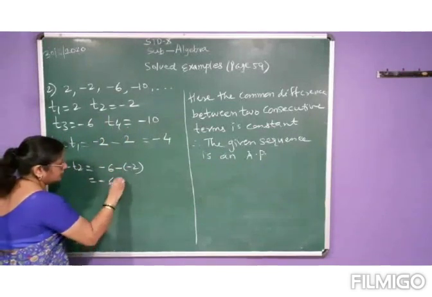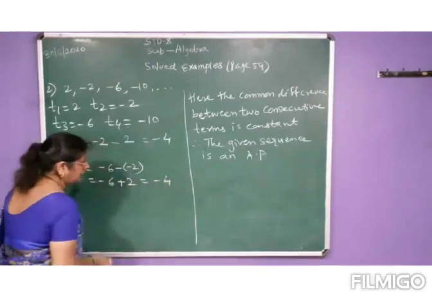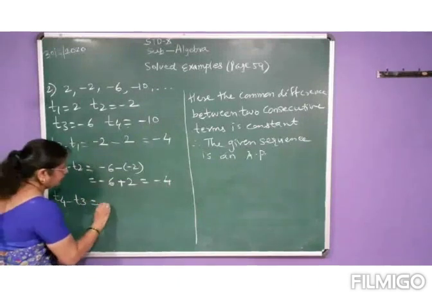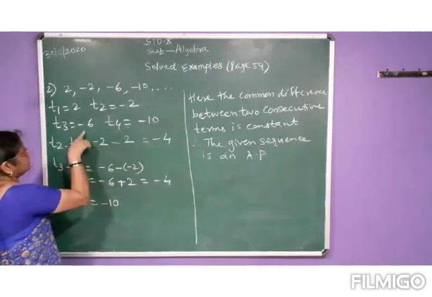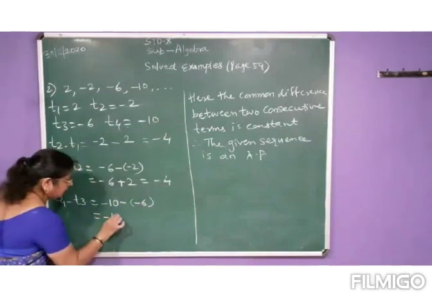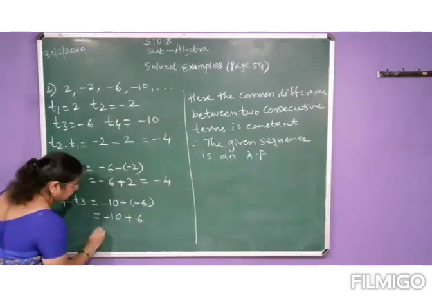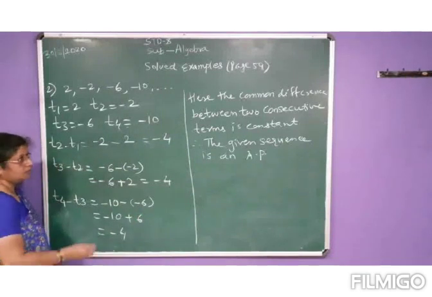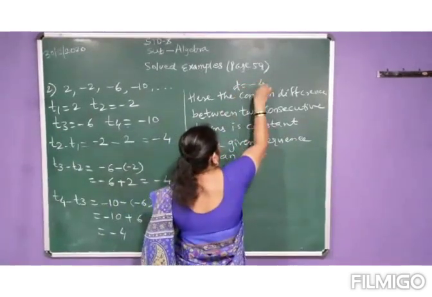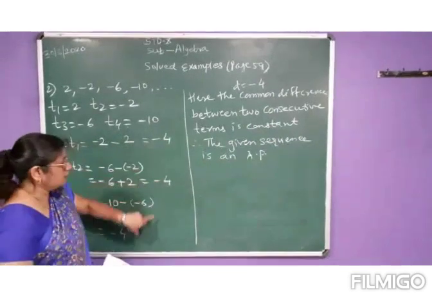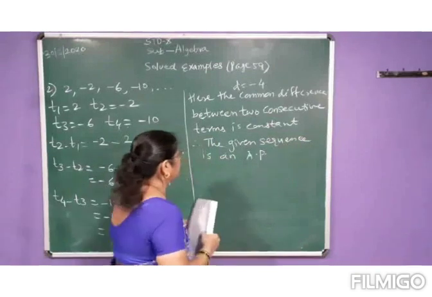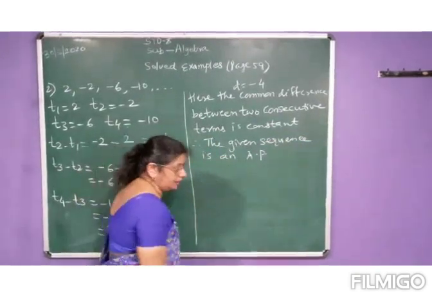So minus 6 plus 2. What you will get here? Minus 4. Then T4 minus T3. T4 is minus 10. And what is T3? Minus 6. So minus of minus 6. Minus 10 plus 6. So again you will get here minus 4. So here the value of D, if you can see here, is minus 4. And which is constant. Therefore, the common difference between the two consecutive terms is constant. Therefore, the given sequence is an AP.